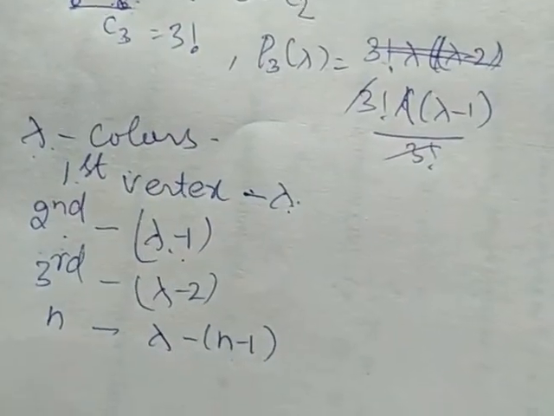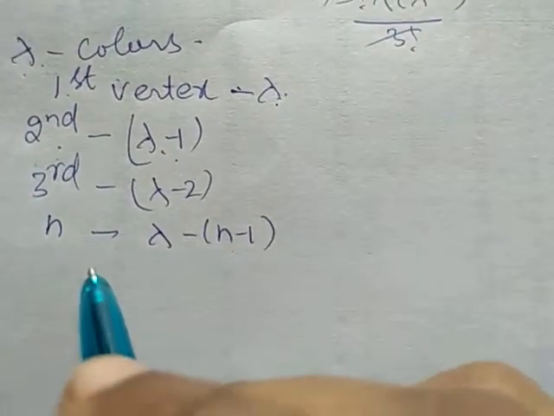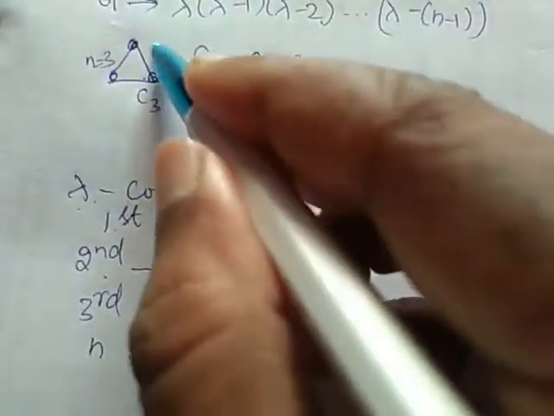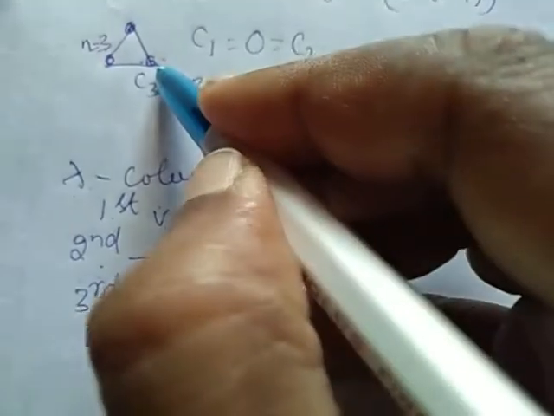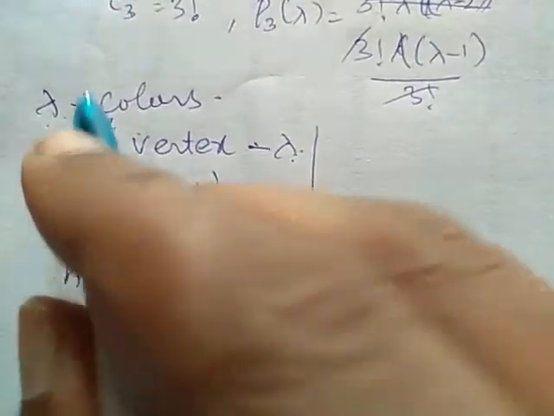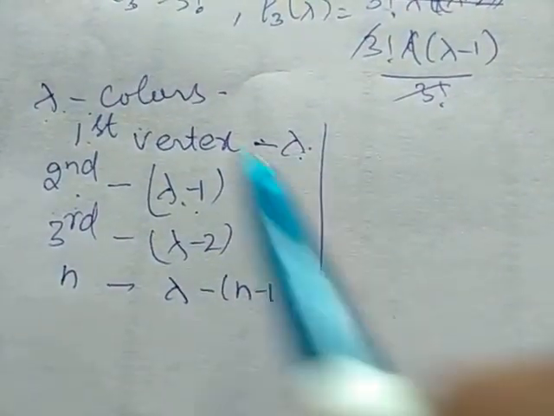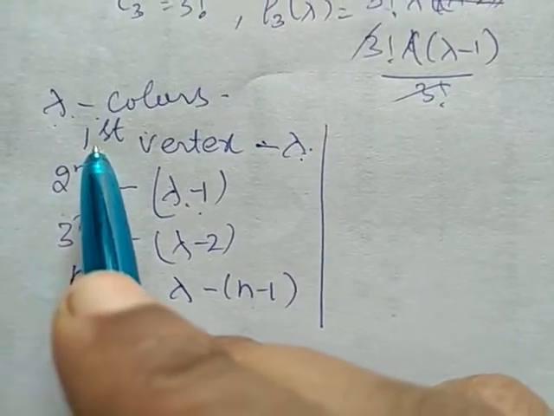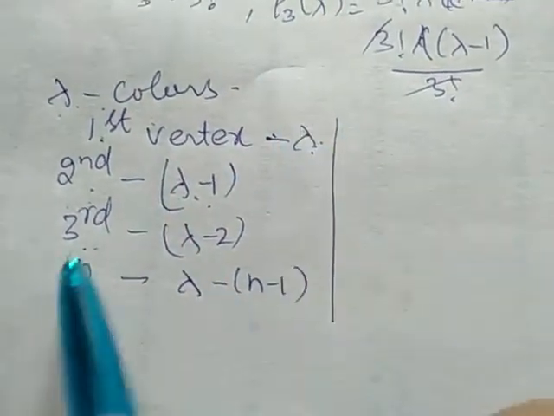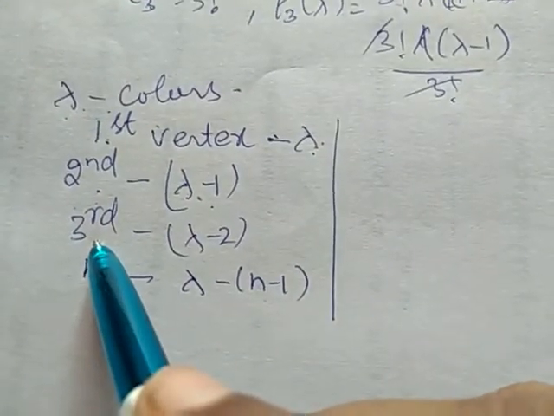This is possible only when each vertex is adjacent to all other vertices. Here, this vertex is adjacent to these 2 vertices. This vertex is adjacent to these 2 vertices. If the first vertex is not adjacent to the third vertex, we can choose the first color itself for the third vertex also, right?